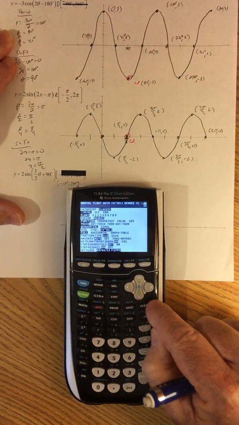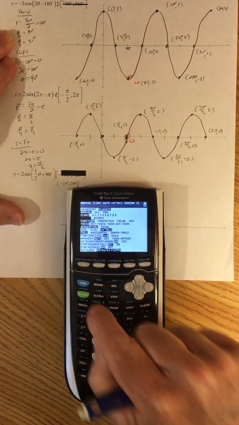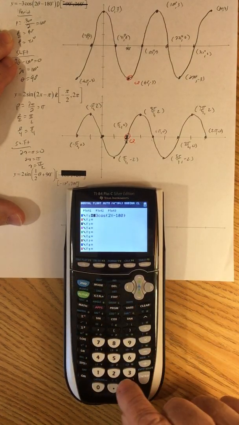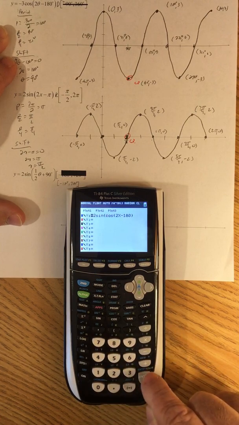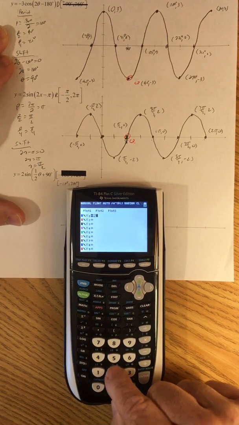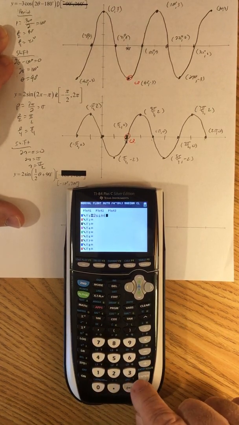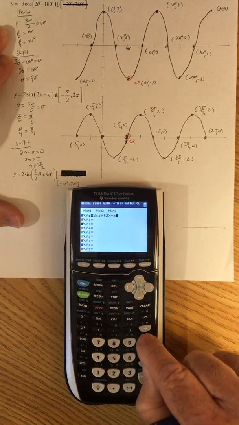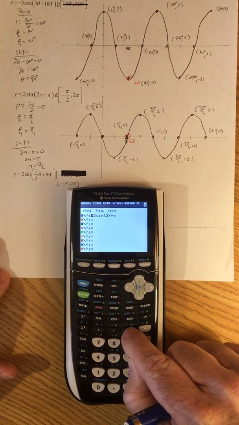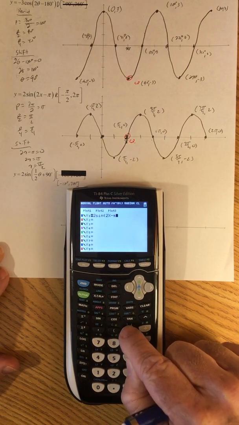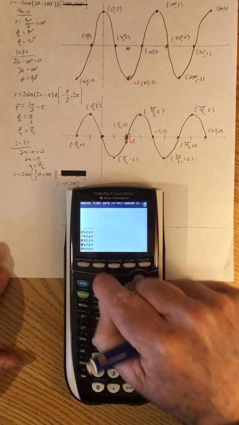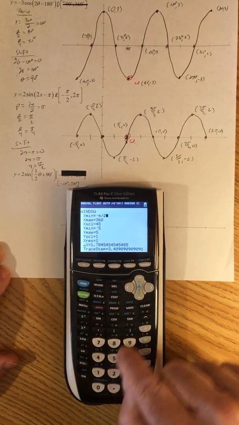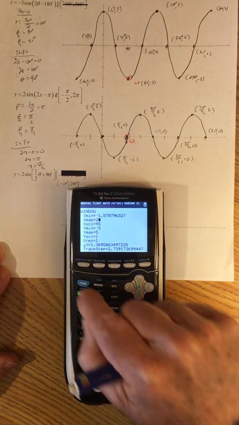Okay, this one is a radian problem. Sine, oops. Okay, and we're window from negative pi over 2 to positive 2 pi.